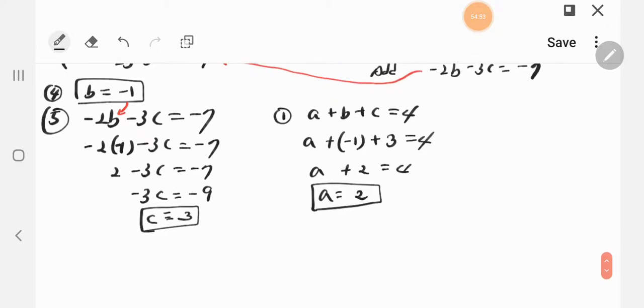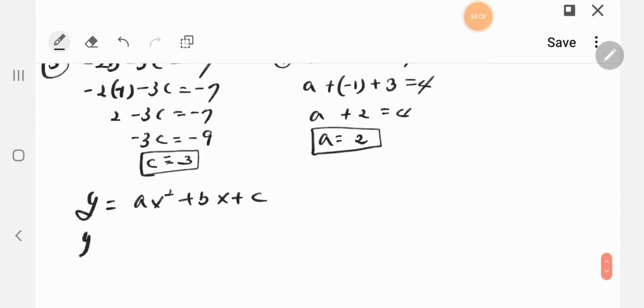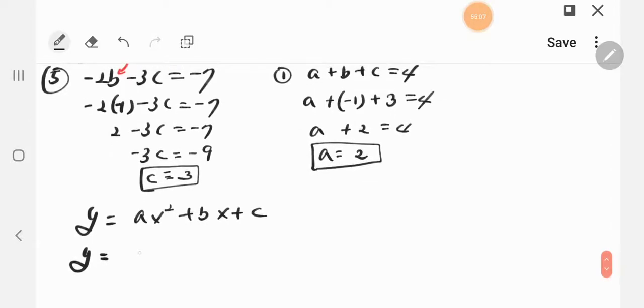So finally, y equals ax squared plus bx plus c. Let's replace a, b, c with the values that we just found. So a is 2, so 2x squared. b is negative 1, so negative x. c is 3.